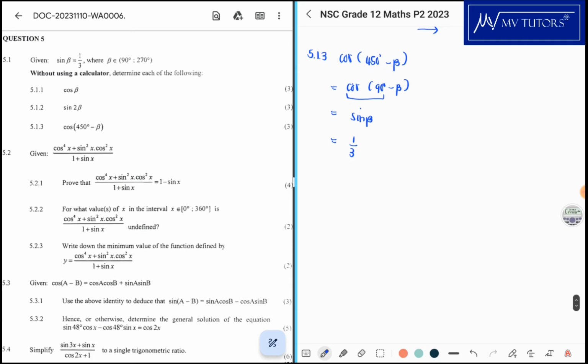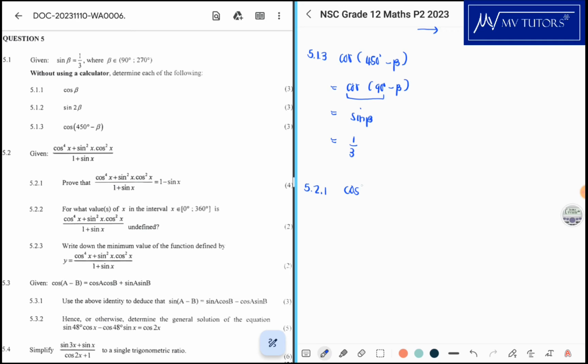Now 5.2, it says we are given cos to the power 4 x plus sine squared x times cos squared x, all over 1 plus sine x. And now we need to prove the identity, that the left hand side is equal to the right hand side. So let me just write it down. This is 5.2.1.